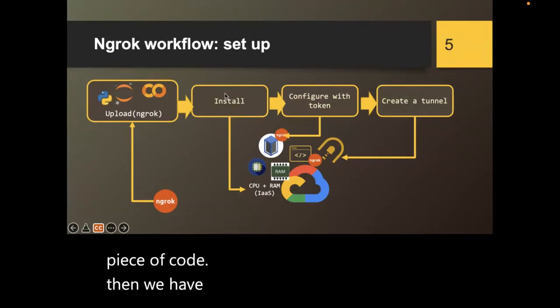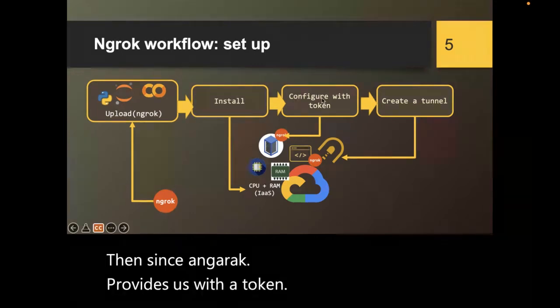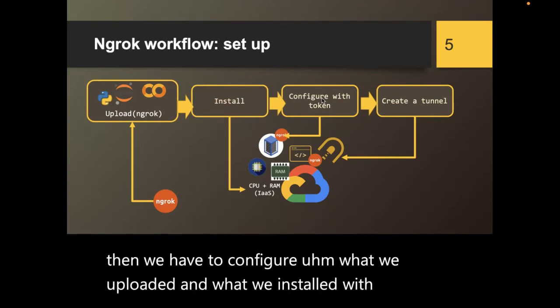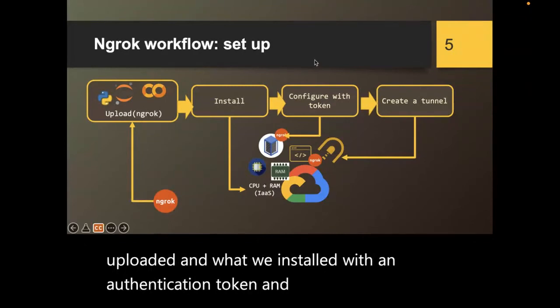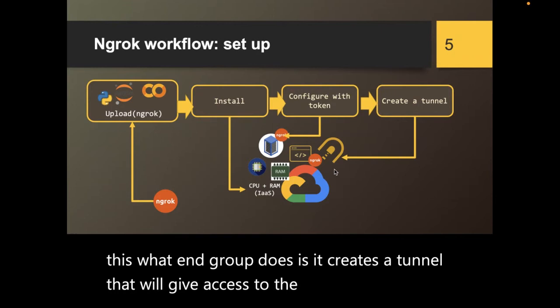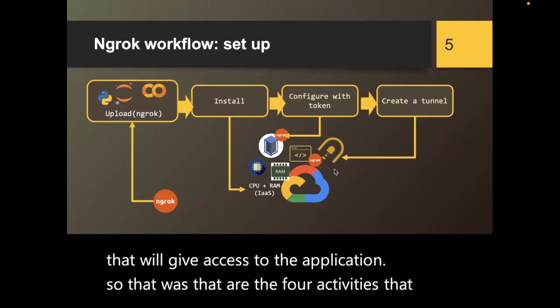Then we have to install it. Then since ngrok provides us with a token, we have to configure what we uploaded and installed with an authentication token. And once we configure this, what ngrok does is it creates a tunnel that will give access to the application. So those are the 4 activities that I identified.